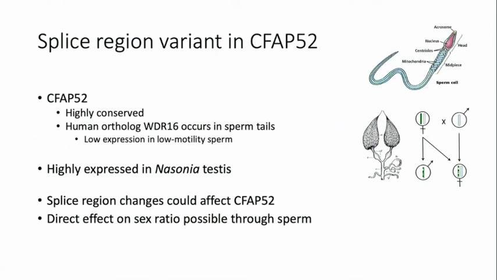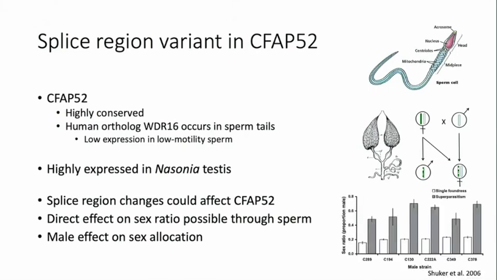So actually it means that if the sperm is not functioning well, it's stored here in the spermatheca, then the mother can try to fertilize the egg. But of course, if she fertilizes it with non-functioning sperm, not much will happen, and then fertilized eggs will actually develop into males instead of females.